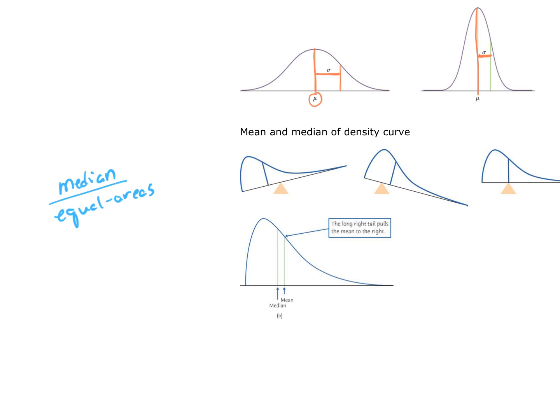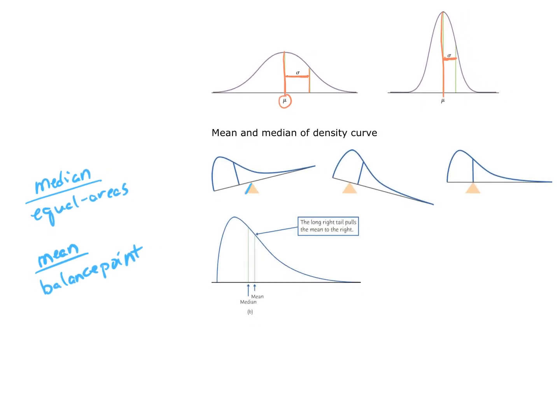That's our median. And then for our mean, remember, we are looking for that balance point, and this is the one that's not quite as easy to see or visualize. But they're trying to show you here with this fulcrum point; it would obviously weigh too heavy there. We have to shift a little bit, and so we're trying to find that point where this would balance. Another quick reminder, this graph is skewed right, that histogram would be skewed right, so this density curve would be considered skewed right.